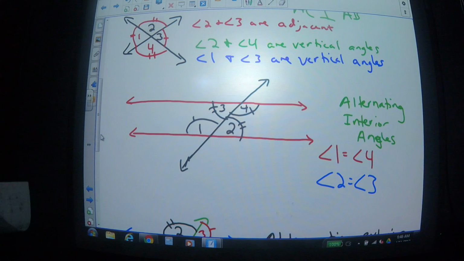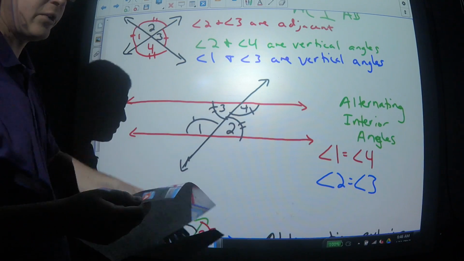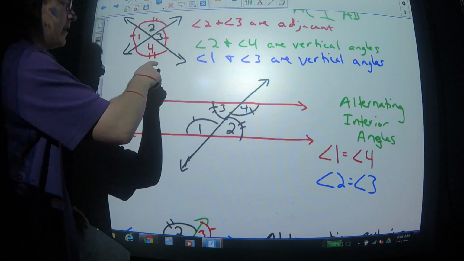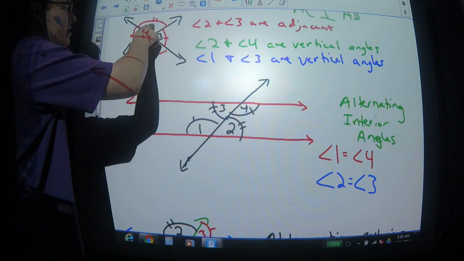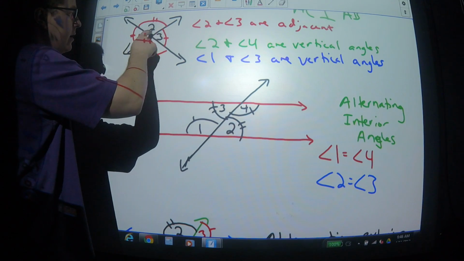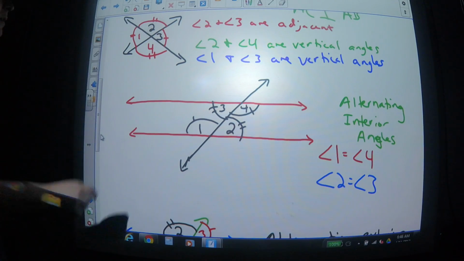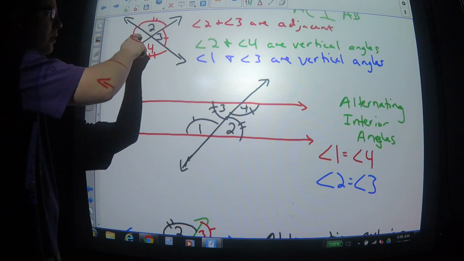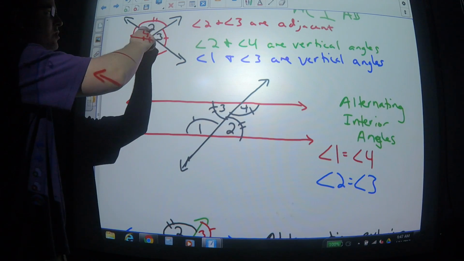Then you have something also called vertical angles. Vertical angles are angles that are directly across from each other. They share a common vertex because of two intersecting lines. So 2 and 4 are equal angles because they're vertical angles. 1 and 3 share the same vertex and are vertical angles because they're directly across from each other. 1 and 4 are adjacent. 4 and 3 are adjacent. 1 and 2 are adjacent.